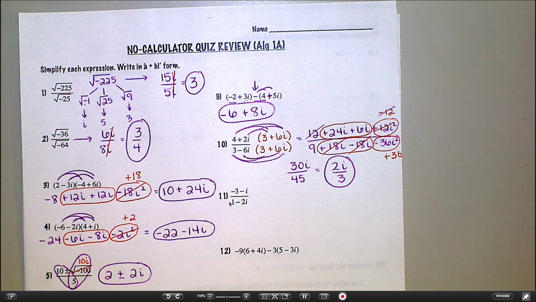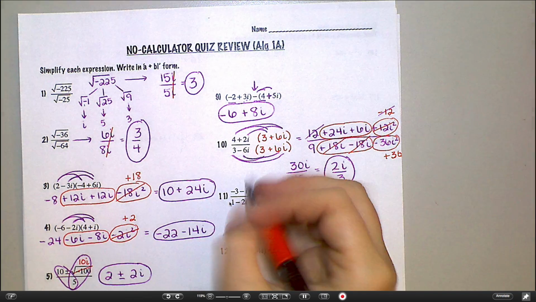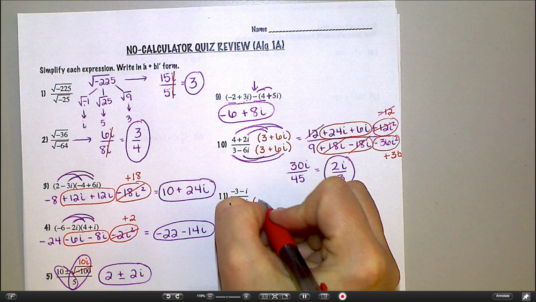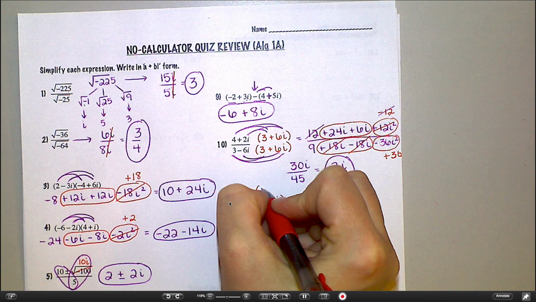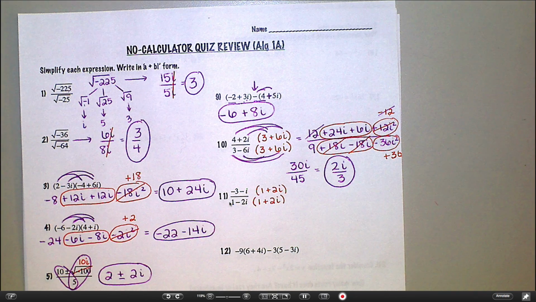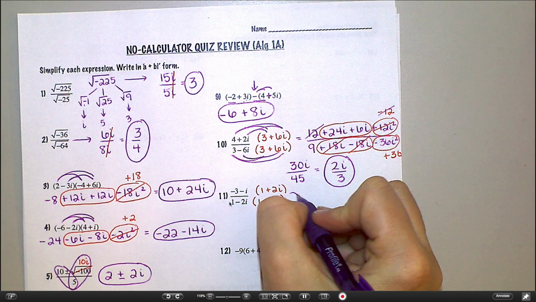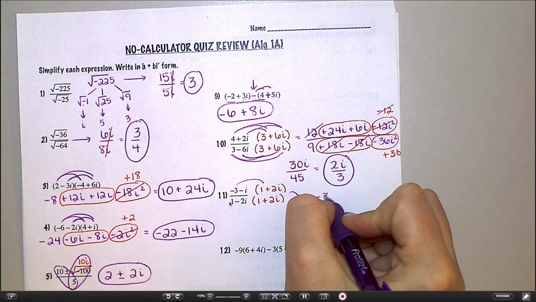Okay, so number 11 we're going to attack in much the same way. Let's multiply by the conjugate on the top and on the bottom. So I'm going to multiply by 1 plus 2i and 1 plus 2i. That's going to leave me with negative 3 times 1 is negative 3.